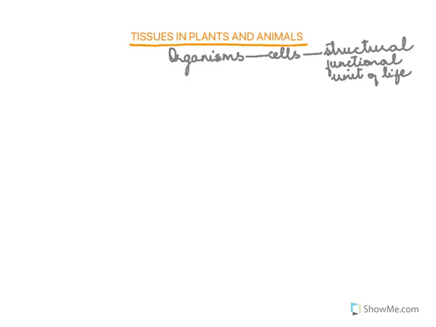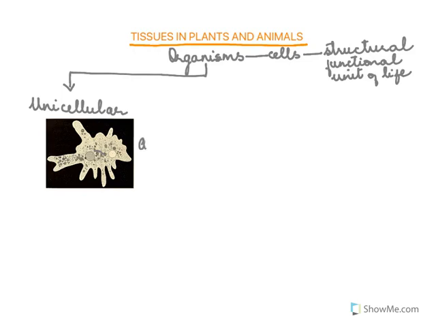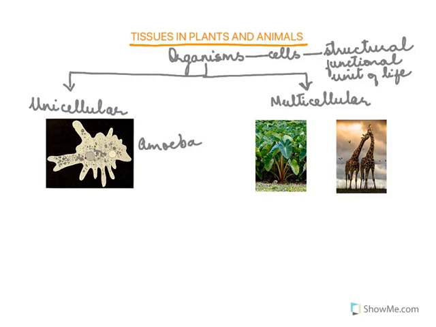Depending on the number of cells, the organisms can be further classified as unicellular, wherein they are made up of just a single cell, like that of an amoeba, or it could be made up of many cells, multicellular, like the examples of plants and animals.